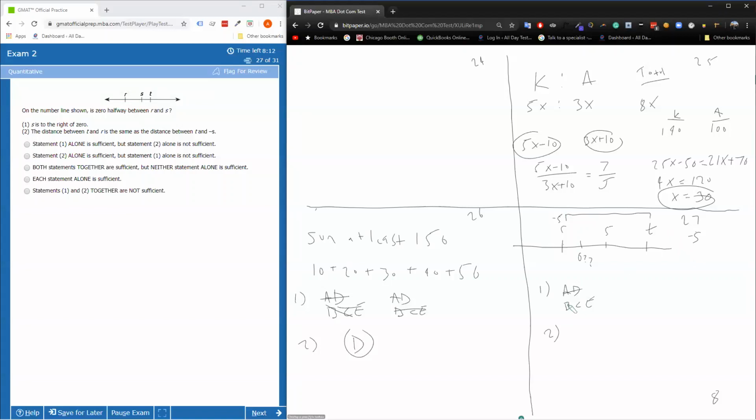So that I think is insufficient. S is to the right of 0. So now we know negative S is here. Negative S, so yes, I think together it's sufficient.